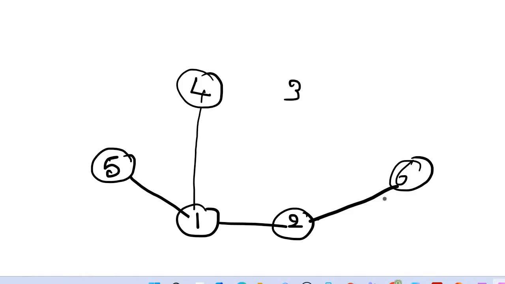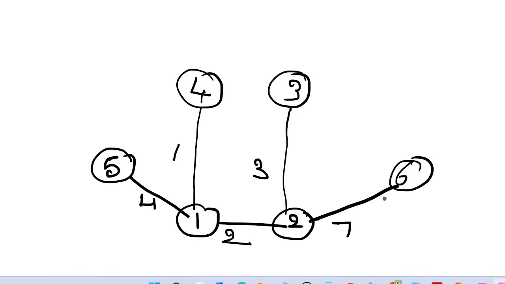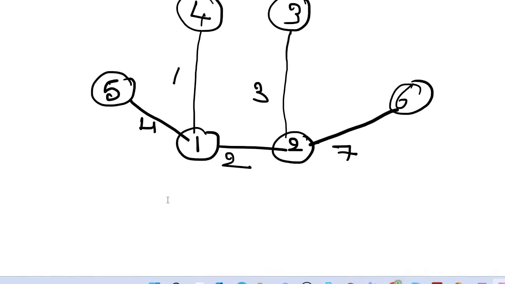Next 3. Now cost is 4, and here 1. This is 2, 3, and 7. This is the final minimum spanning tree. Let us calculate the total cost associated with this.